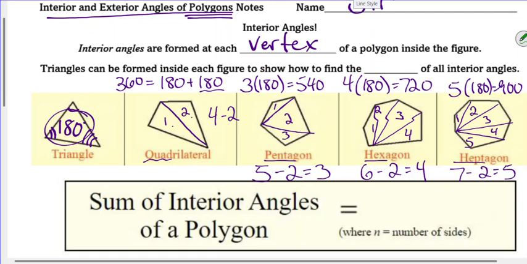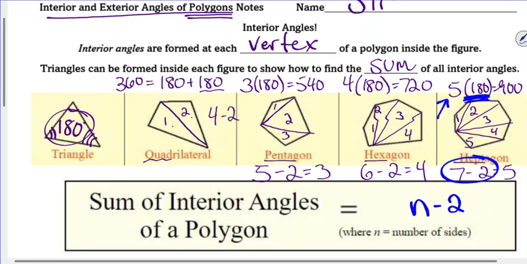That's how we can figure out the sum of all of these interior angles. The number of triangles that we can create times 180 is the sum of all those interior angles. So I want to write a general rule for this. It's 180 times the number of triangles that we have. The number of triangles is the number of sides minus 2, so I'm going to start with that part. N minus 2.